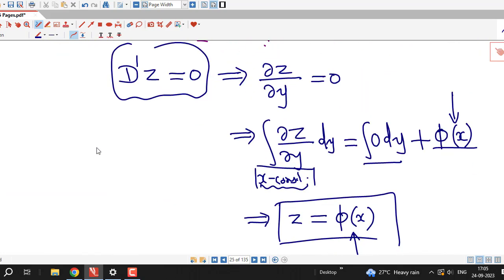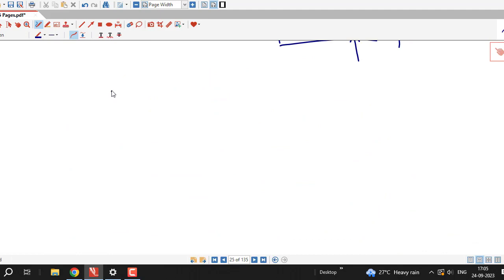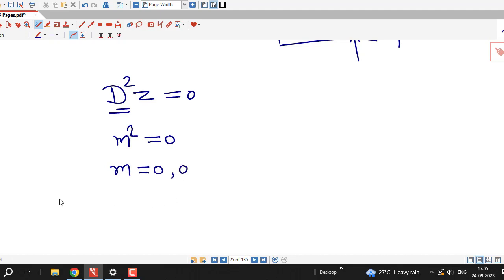Suppose I have D square in the product, then I will have D square z equal to 0, and for D square the auxiliary equation will be m square equal to 0, that is m equal to 0 repeated 2 times. Therefore corresponding to m equal to 0, I will write phi 1 of y plus 0x, that is phi 1 y.